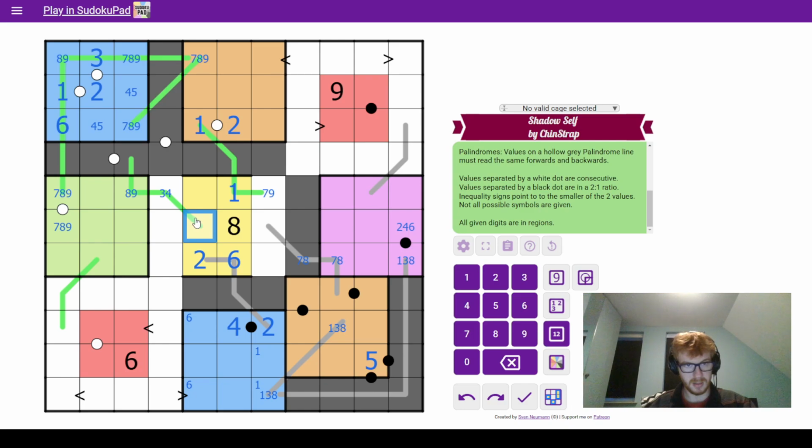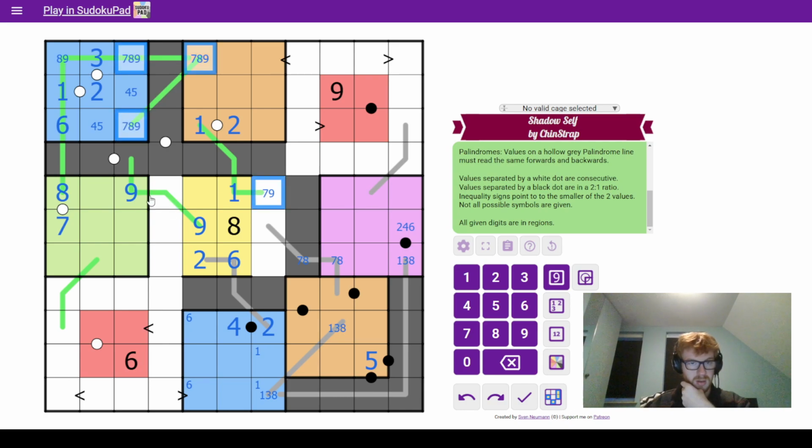So that's an 8 or a 9. So that's always a 9. But that could be a 4 that's not in. So that's now a 7. So that's now an 8. That's now a 9. That could still be either a 4 in yellow or a 4 not in yellow. And both would be fine. So I'm not sure.